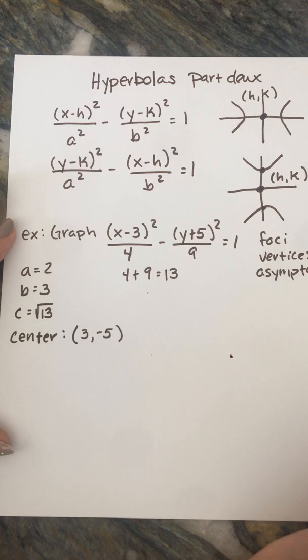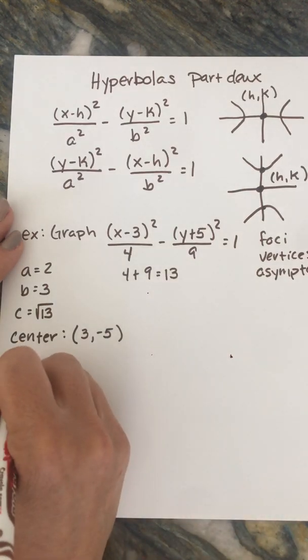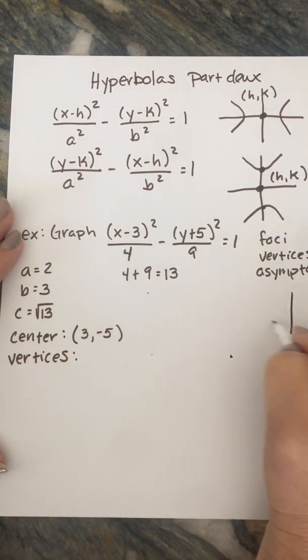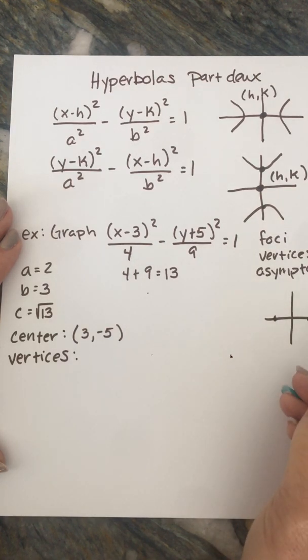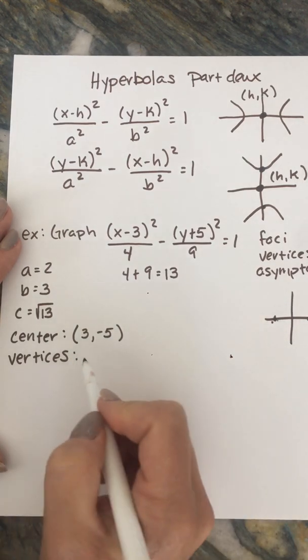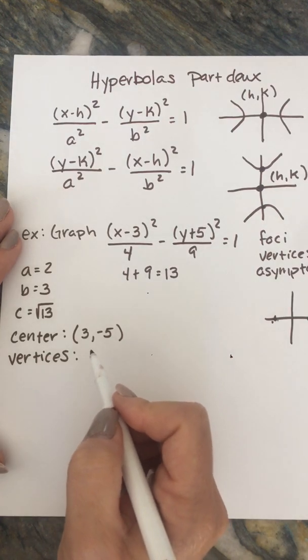And then let's do vertices next. All right, so the orientation is horizontal, so I know that my y coordinate will be the same for both. My x coordinate is the one that'll change.